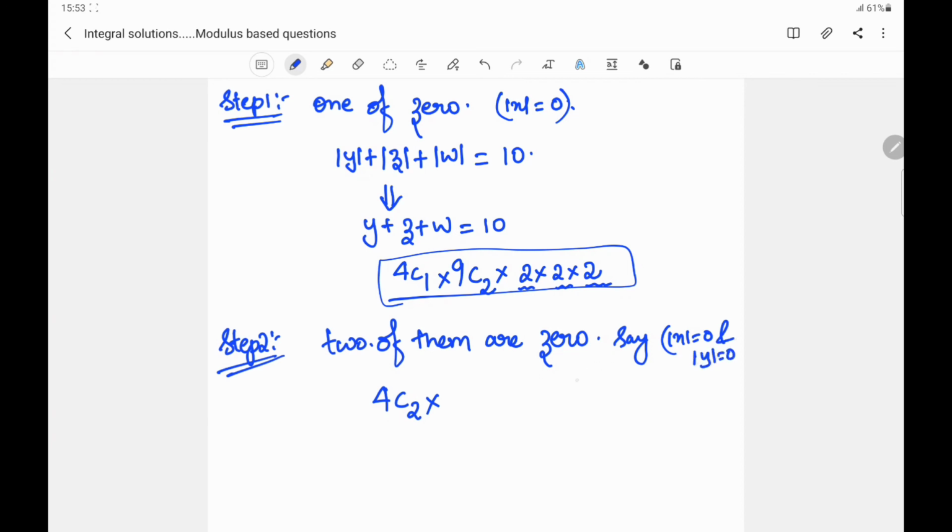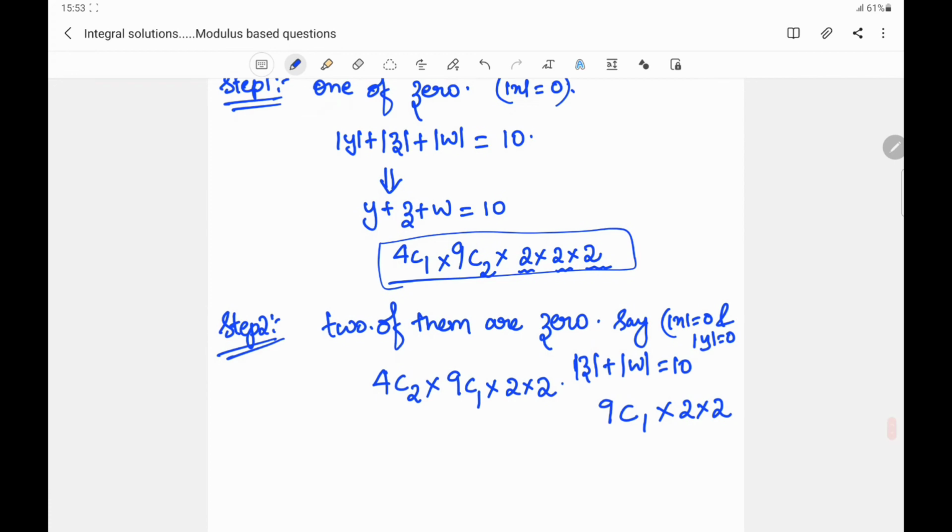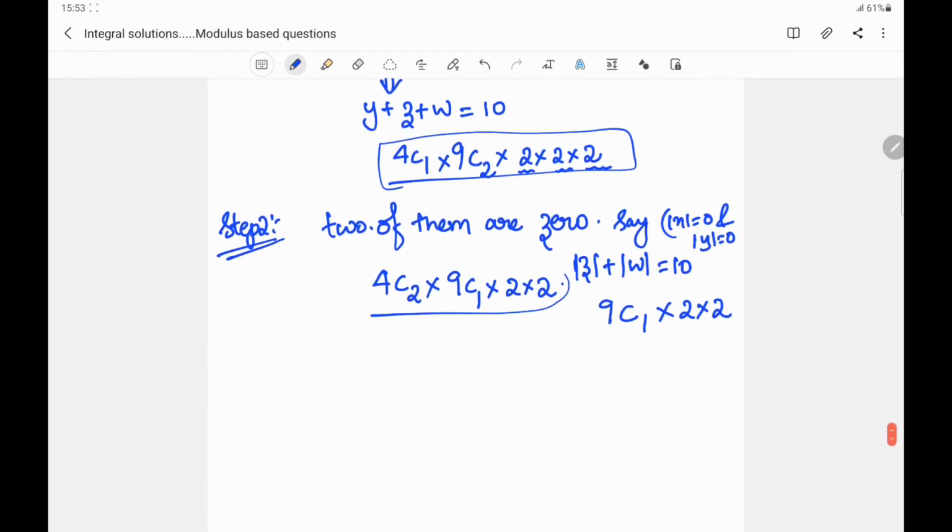So the equation would be modulus of z plus modulus of w equals 10. So there will be 9 gaps. I need to select 1 and multiply it with 2 into 2, because of the modulus function, it can take plus or minus sign, so that's why we are multiplying it with 2 into 2. This is the second step.